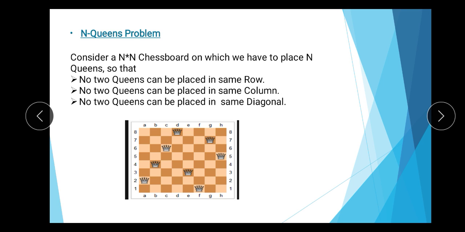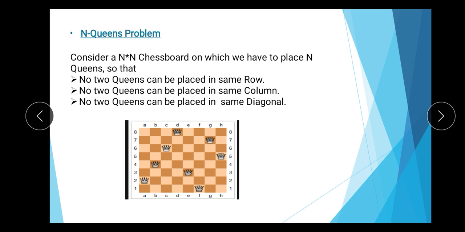Why can we not place two queens in the same row, same column and same diagonal? Because in order to solve the N Queen problem, we have to follow the rules, and these are the rules for placing the queens on the chessboard. If we place two queens in the same row, then there is a direct attack by the first queen on the second queen.